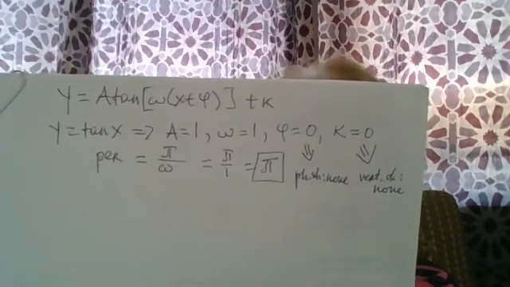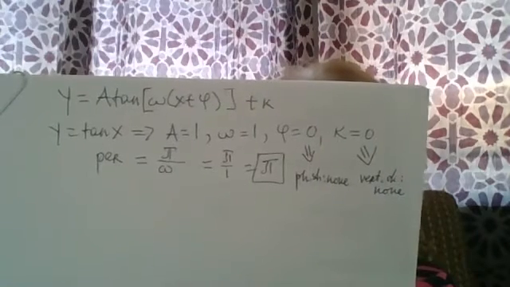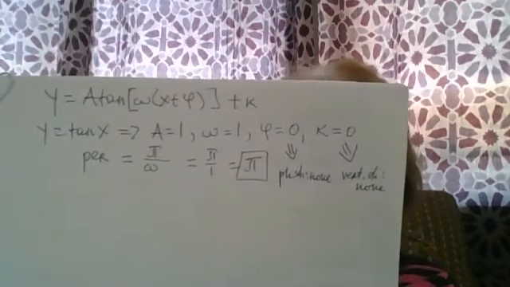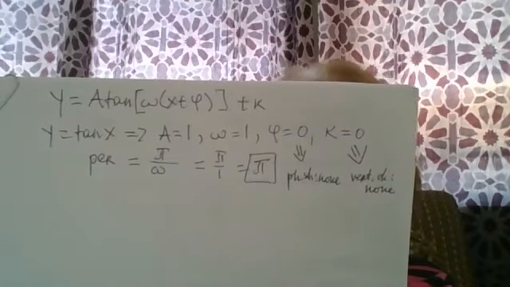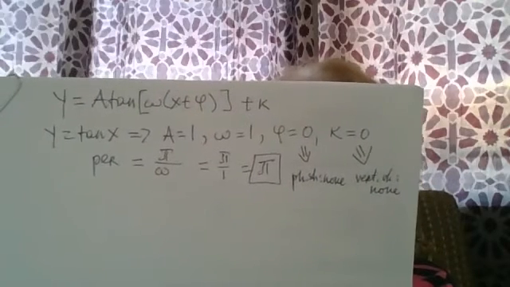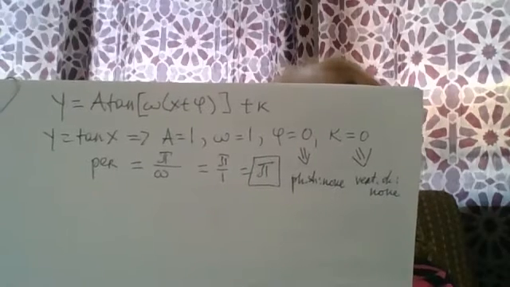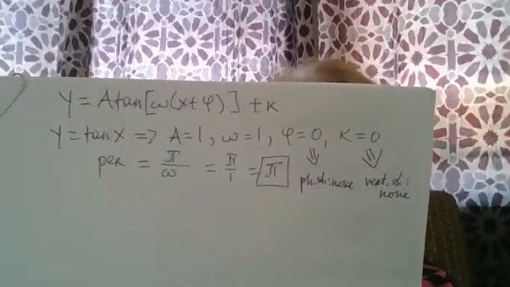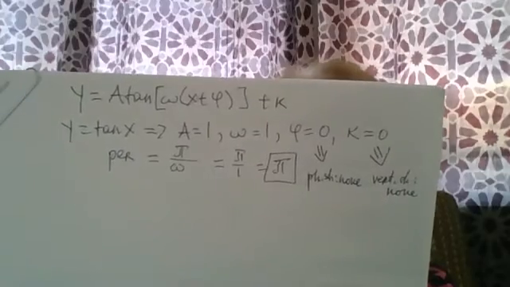If phi is negative, it will be shifting to the right. But k is affiliated with the vertical shift, so it will be moving in the same direction as this sign tells us to move. So if k is positive, the graph will be shifted up. If k is negative, it will be shifted down by k units.